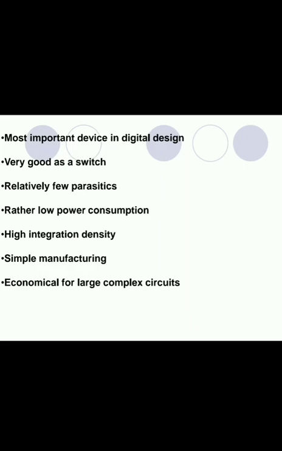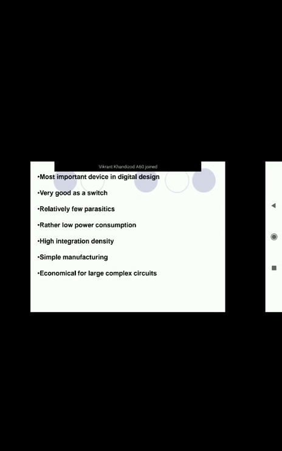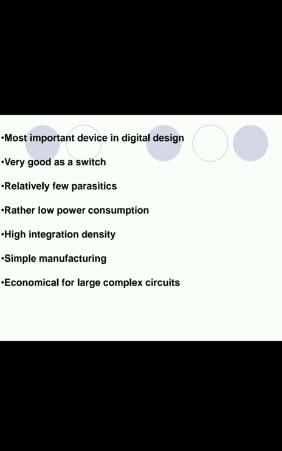So here we can say applications or some advantages of a MOSFET. Like the most important device we are using in digital circuit designs. We can use MOSFET as a very good switch. Its parasitics are few.